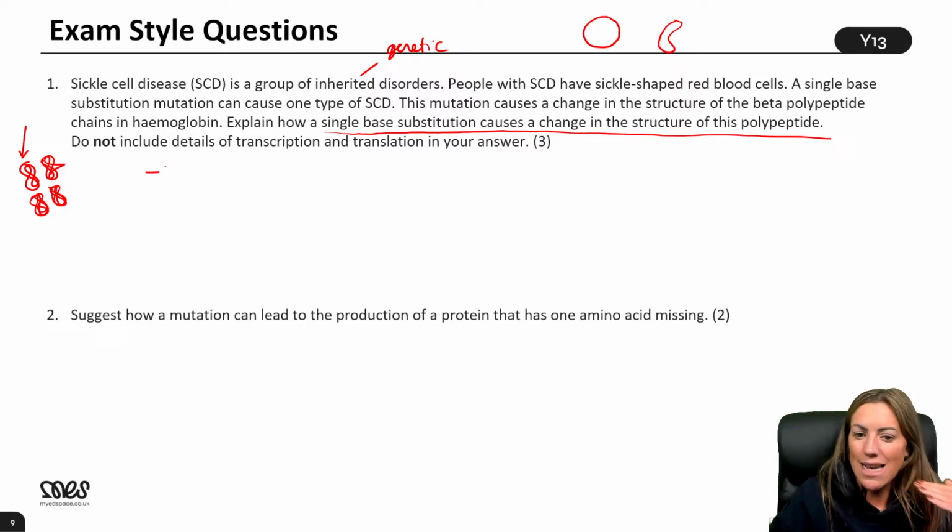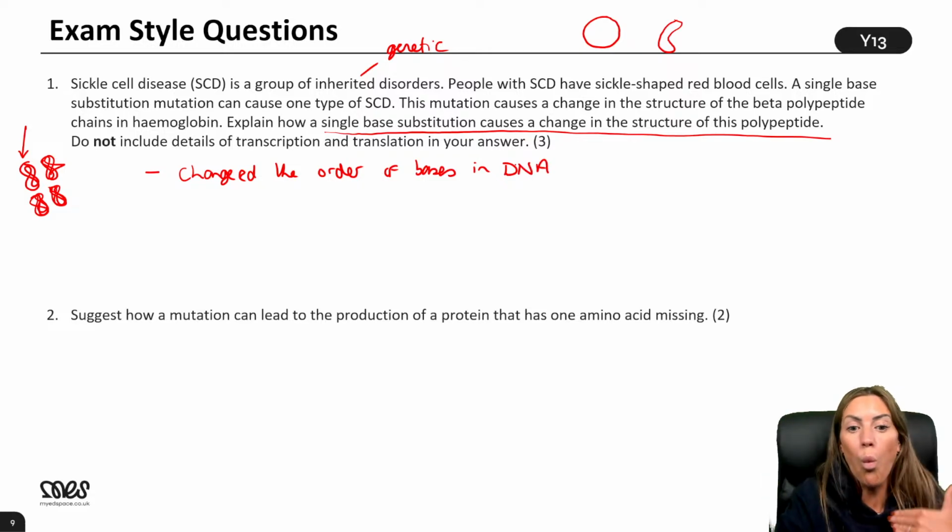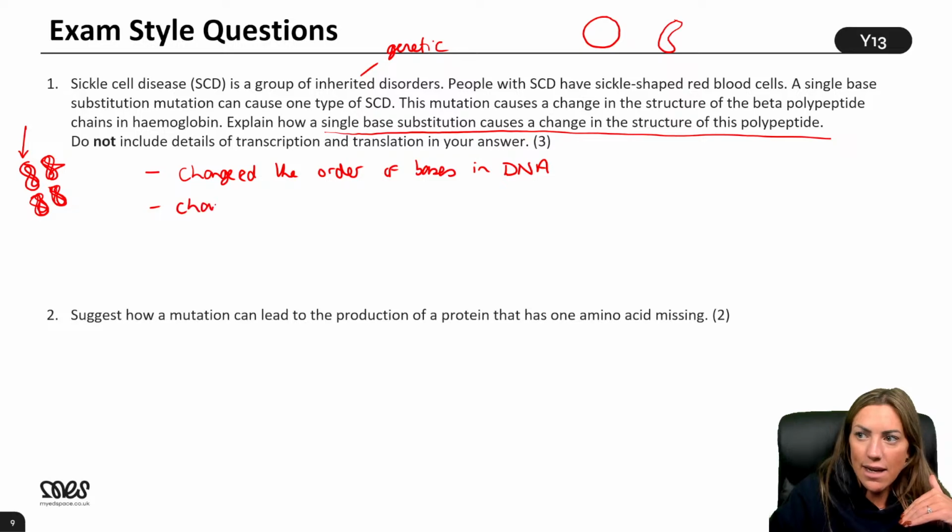We just need to say the same ideas. So if we've got a single base substitution, we have changed the order of bases in DNA. Even if we've just switched one, we've still changed the order of bases. So we're then going to change the primary structure of the protein.